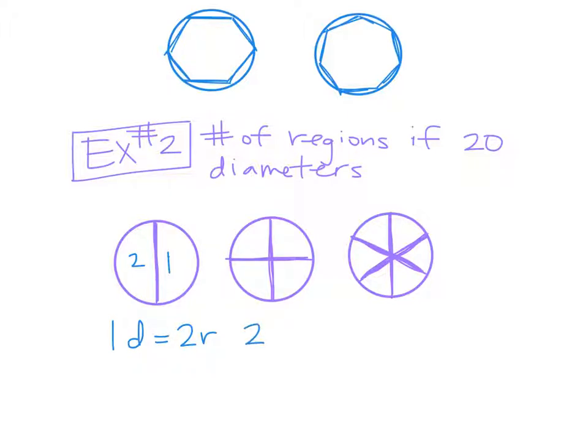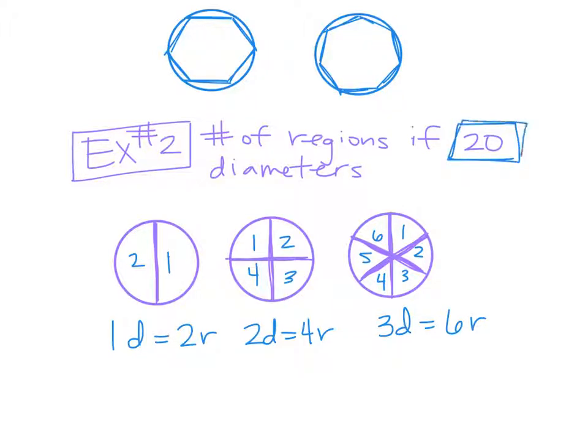There are 2 diameters, and there are 4 regions. The third one, 1, 2, 3, 4, 5, 6 regions. There are 3 diameters and 6 regions. The question is, what number of regions would we get if we drew in 20 diameters?